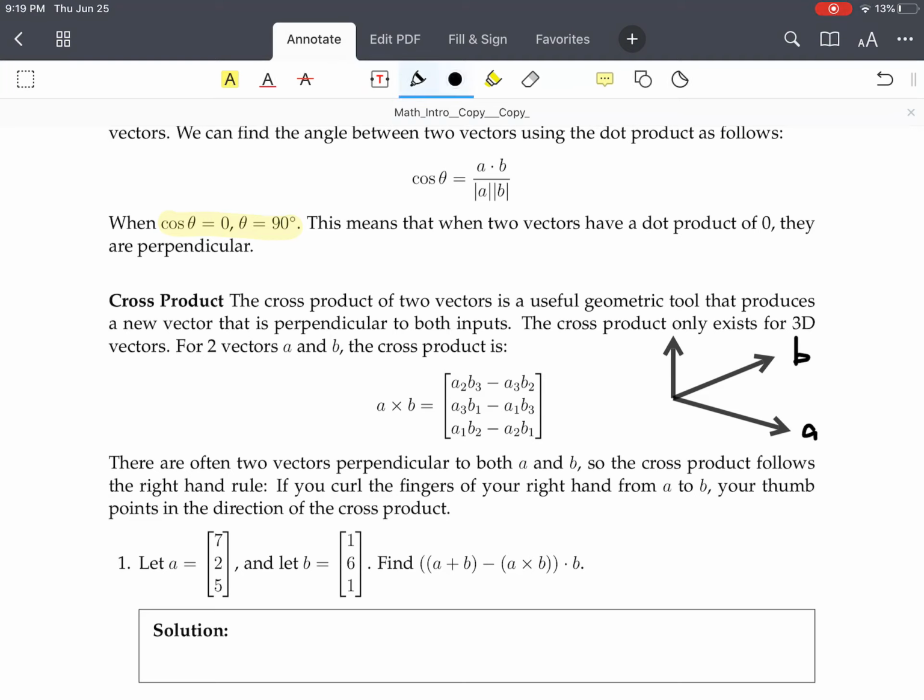So if we look at this diagram that I've drawn here on the right, I've labeled A and B. And so if our fingers curl in this direction, the vector drawn is the one that we'll get back. And so that's just a simple visualization of the cross product, but remember the right hand rule to make sure you're getting the vector out of a cross product that you expect.